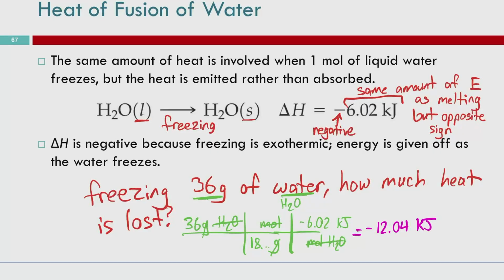And now I'm going to show you another reason why these types of questions can be tricky. That is not the correct answer. Because the question that was asked is how much heat is lost. And so we're asking how much negative heat. And so the correct answer would be negative 12.04 kilojoules.